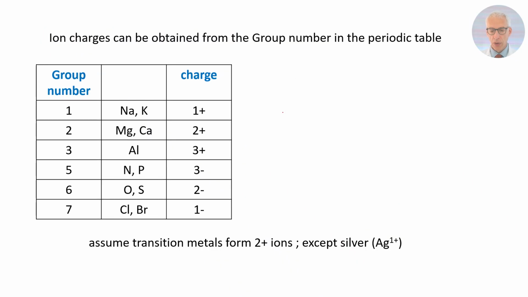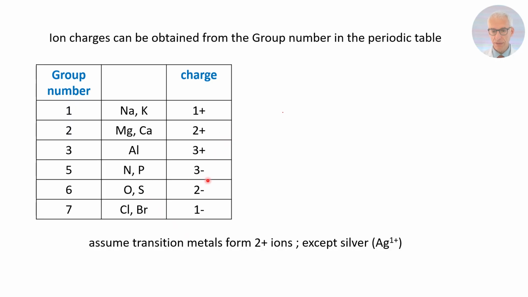So we need to know the ion charges, and we can obtain a number of them from the group number in the periodic table. Group number 1, for instance, containing sodium and potassium, all ions formed are 1+. Group 2, all ions are 2+. Aluminium in group 3 is a 3+ ion.